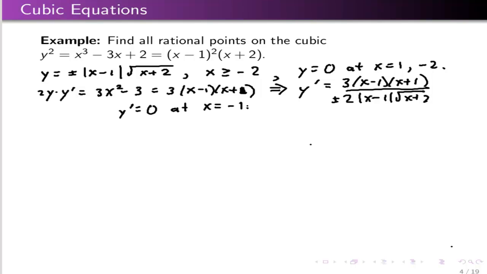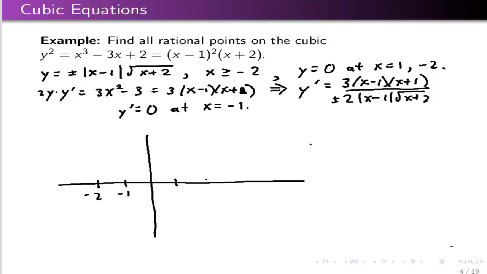Okay, now let's graph this curve. So this is the y-axis, the x-axis. So we have the top branch here. When x is negative 2, we're 0.